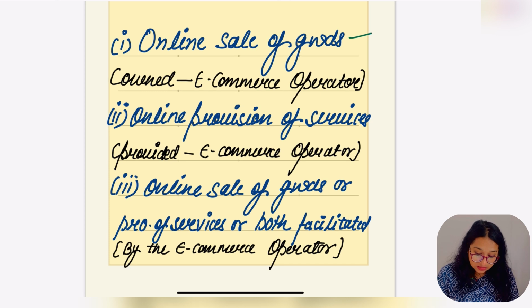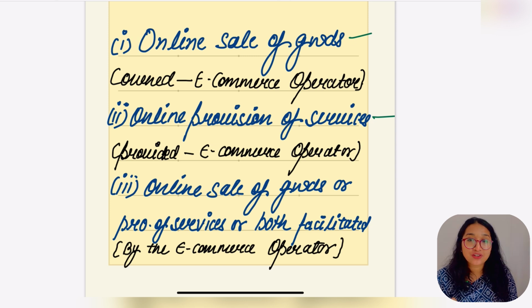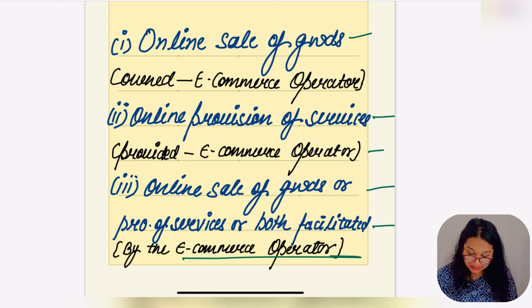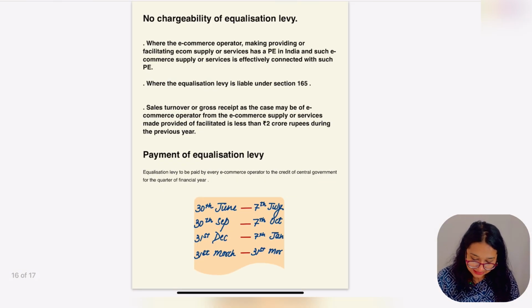The online sale of goods owned by the e-commerce operator, online provision of services provided by the e-commerce operator, or online sale of goods and provision of services both by the e-commerce operator. Is it clear? Yes, this part was clear.